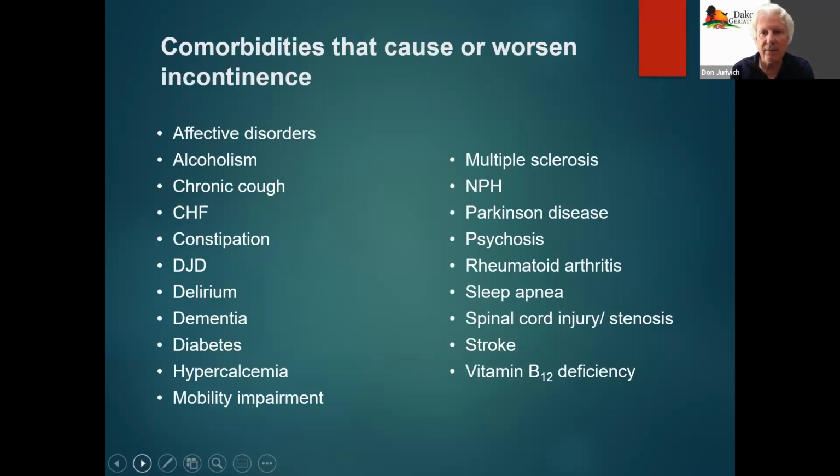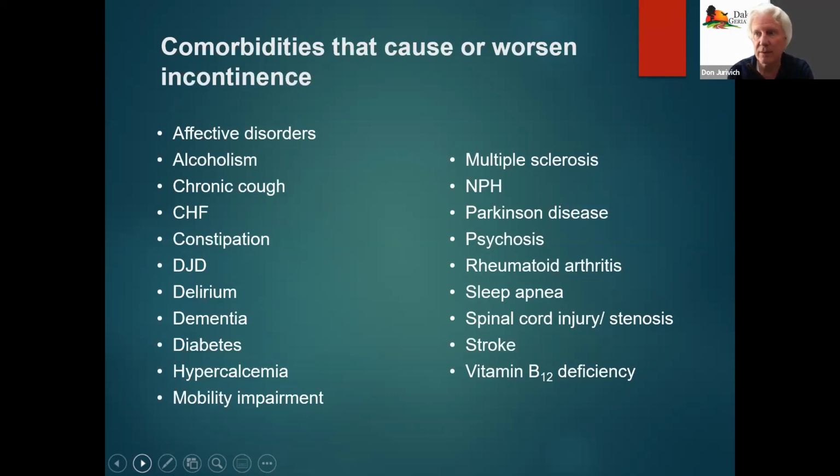So there's a lot of illnesses, chronic diseases that can either be the direct result of urinary incontinence or make it worse. And these include mood disorders, both depression and anxiety. Alcoholism can be a big problem for urinary incontinence, both in terms of its effect on the brain as well as on the bladder control in general.